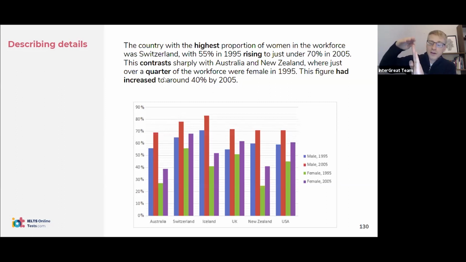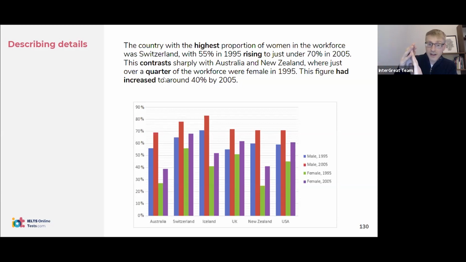Now, when we're talking about what happened before a point in the past, what happened before 2005, we can use the past perfect. We can say before 2005, the figure had increased, okay?